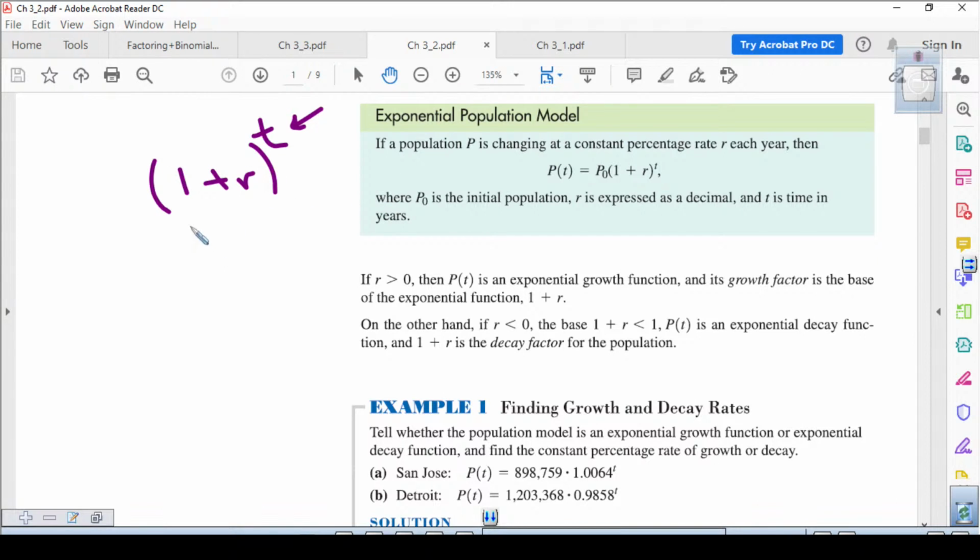The base, though, has to be 1 plus the r, that change. So in this case, if r is greater than 0, like positive, there's growth. I'm going to expect to see growth in the population, for example. If r is less than 0, and the whole base of my exponent is less than 1, well, obviously it's going to be decay.